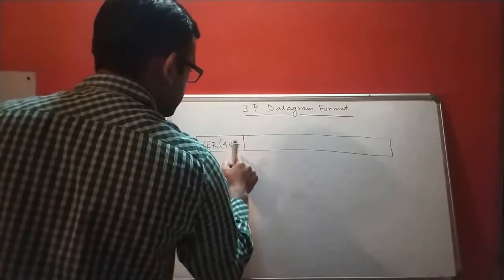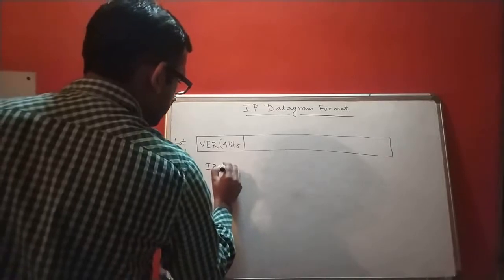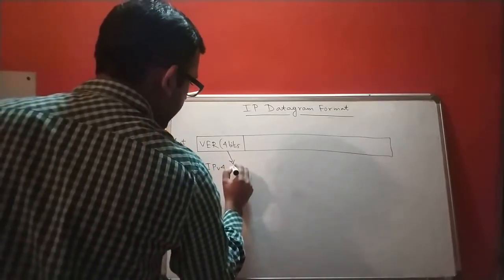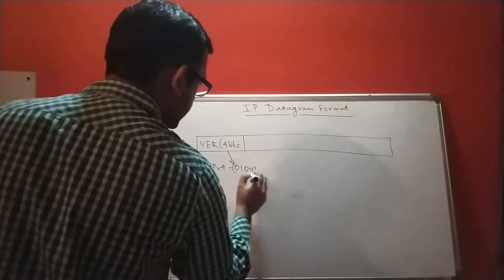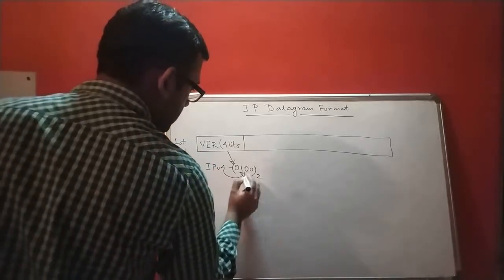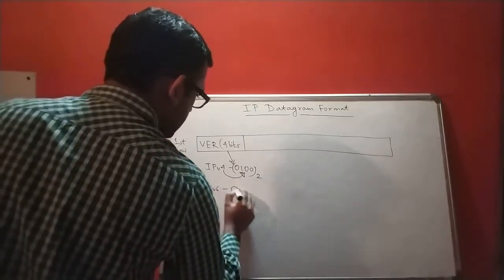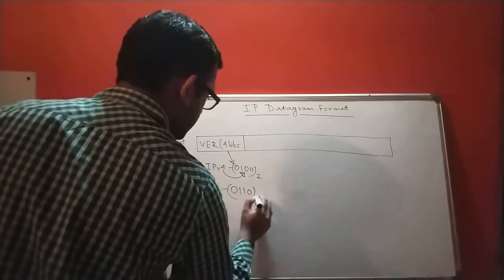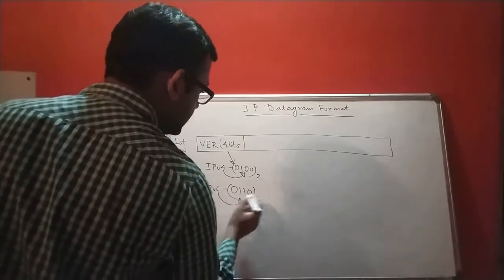So if we are using IPv4, then version will take on a value of 0100, which is the binary equivalent of 4. If you are using IPv6, then the version field will take up a value of 0110, which is the binary equivalent of 6.